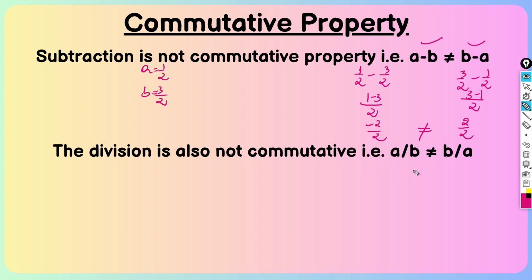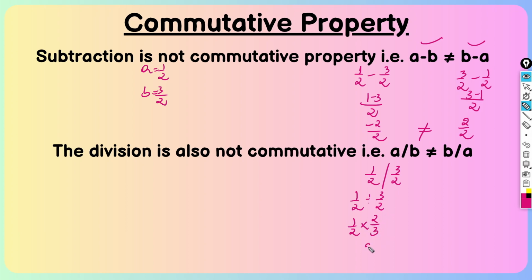Now we will see for division. This becomes 1 by 2 divided by 3 by 2, which is equal to 1 by 2 into, we will reverse this. When we convert division to multiplication, numerator becomes denominator, denominator becomes numerator. So 1 by 2 divided by 3 by 2 becomes 1 by 2 multiplied by 2 by 3.